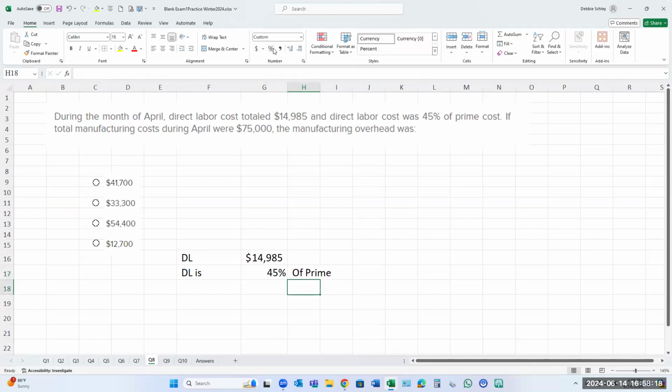So prime costs are direct labor and direct materials. So I am going to figure out what my direct labor is. I mean, my direct materials.